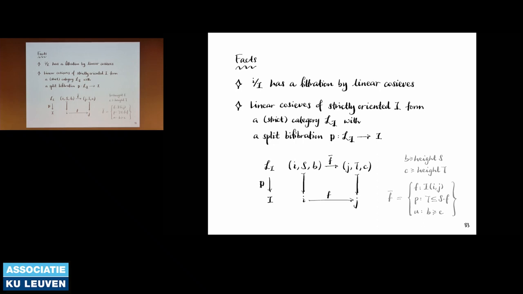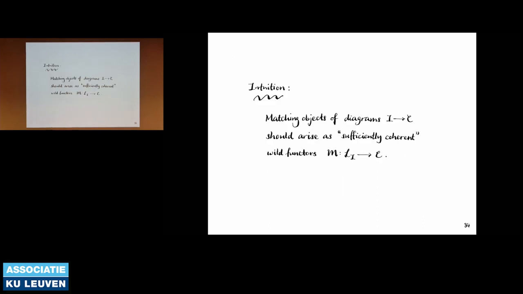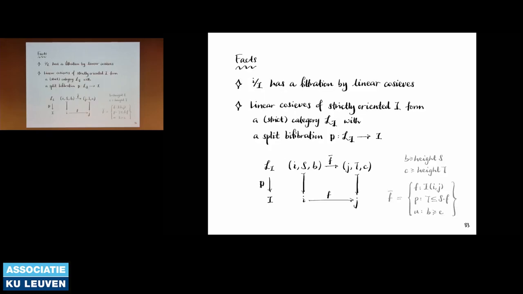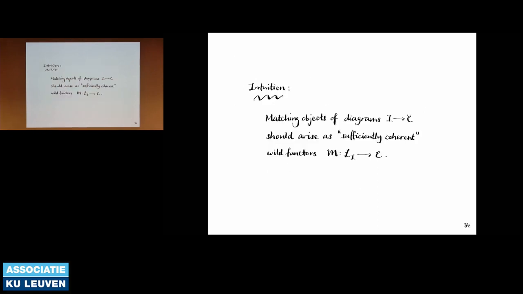The reason for this is basically, I'll write this first. Matching objects, as we saw earlier, should arise as wild functors from this category L to the wild category C that we are interested in.